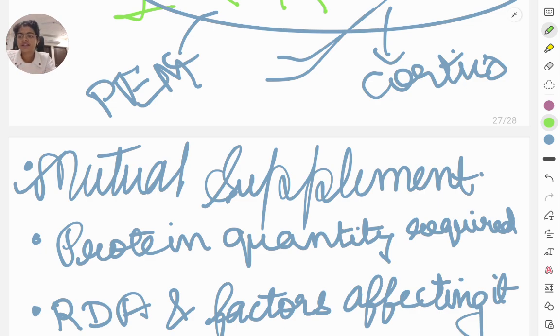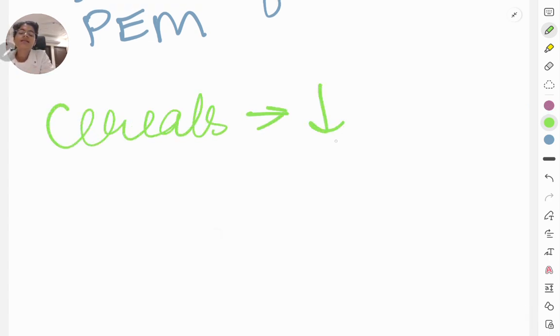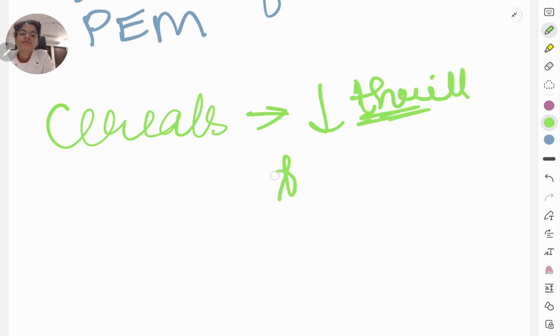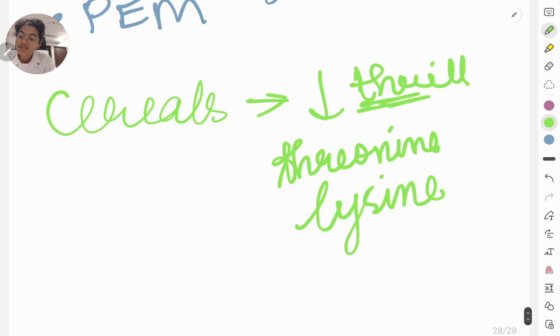So for example, in cereals there is a lack of threonine and lysine, for that you can keep in mind "thrill". They both are not there in the cereals, and they both are essential amino acids.